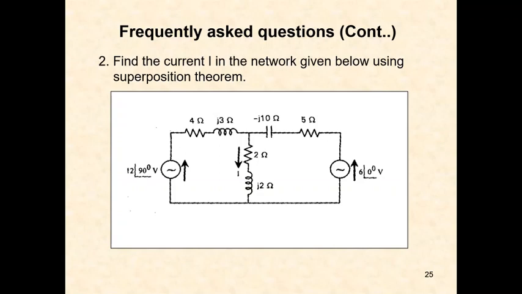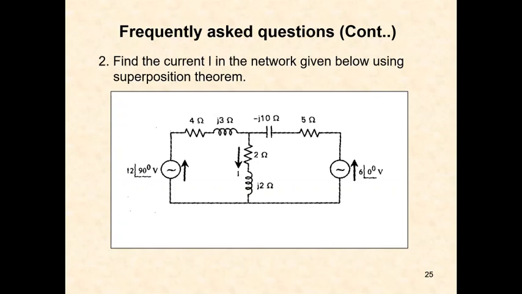Second case, we short circuit the 12 at an angle of 90 degrees, apply node voltage analysis, and similarly find the voltage across 2 plus J2. Once you know the voltages in the two cases, they should be added, and we get the total voltage. Then voltage divided by 2 plus J2 gives the current. This is the hint.